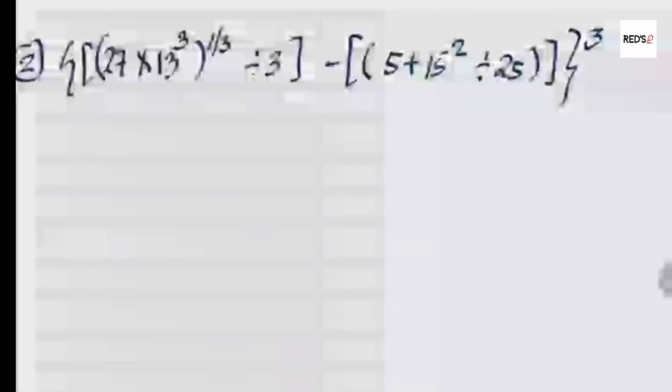So maybe we can use orange for the first one. Orange here. Okay, that's the first one. And then the second one, let's use maybe yellow. Oh, pink. Let's just use pink.